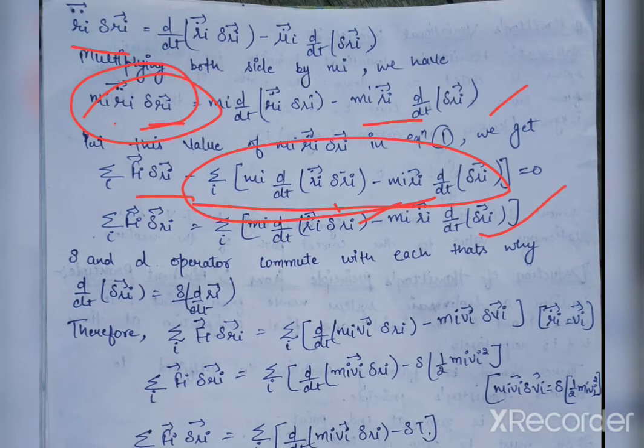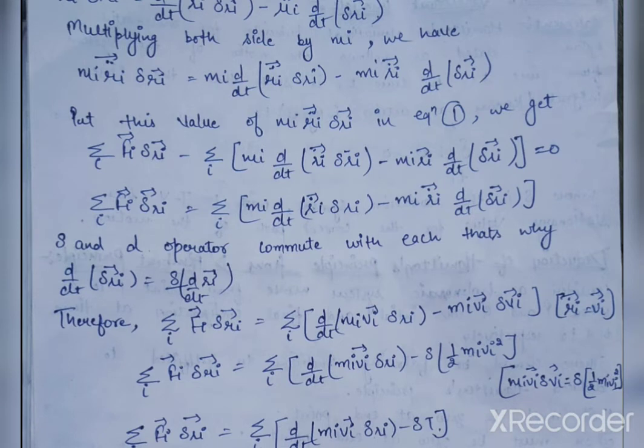Here δ and d operators commute with each other, that's why d by dt δRi is equal to δ of dRi by dt. Therefore the above term summation Fi δRi becomes summation d by dt of mi vi δRi, where we have taken this derivative outside, minus mi vi δvi.